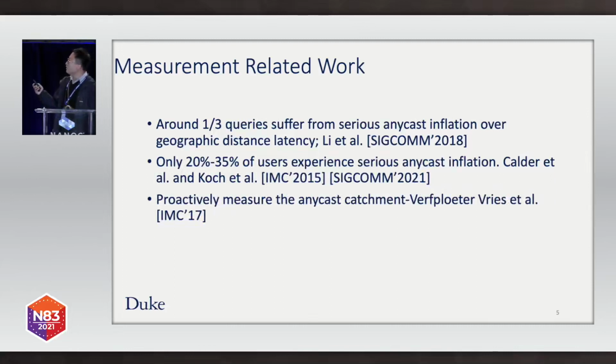Also, Calder et al. and Koch et al. confirmed that with trace data from the Microsoft Anycast Cloud, saying that 20% to 35% of users experience serious Anycast inflation. There is also another work that tells us how to measure the Anycast catchment efficiently.